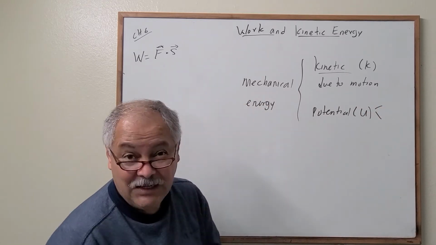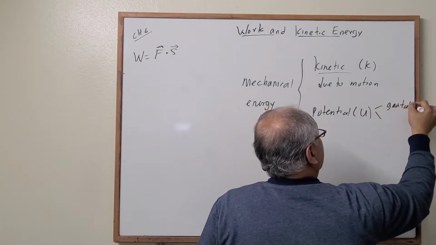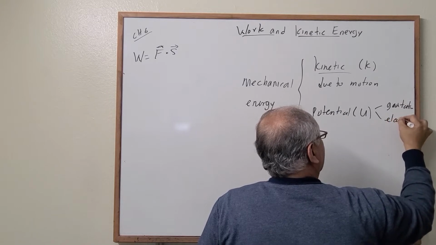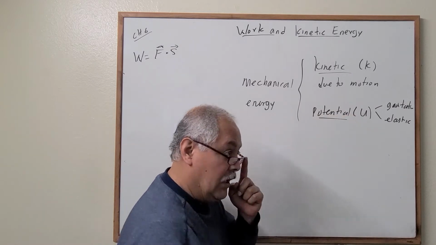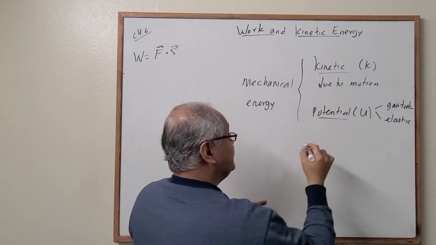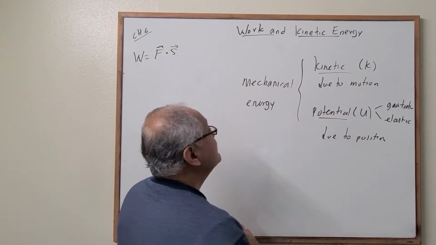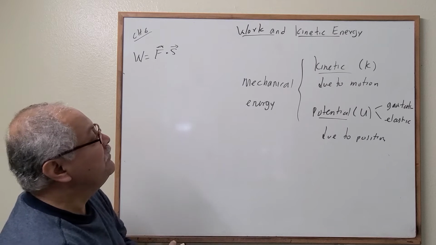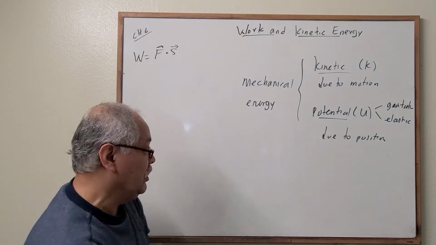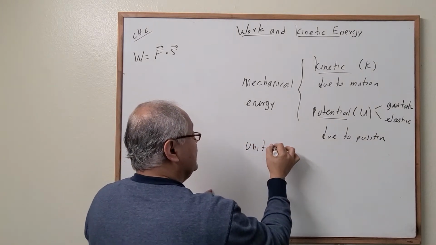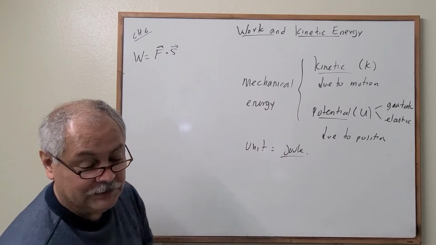We have elastic and gravitational potential energy, and this is due to position. Correct? Perfect. And the same thing as before, as for work, the unit of energy is joule. The same thing as for work.